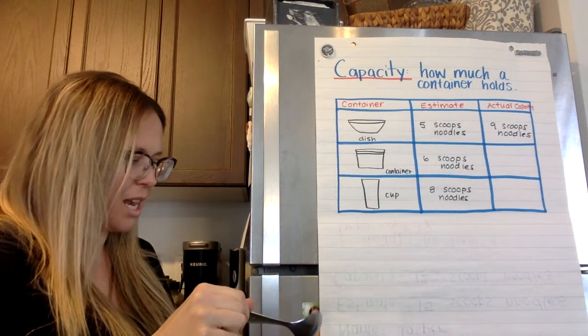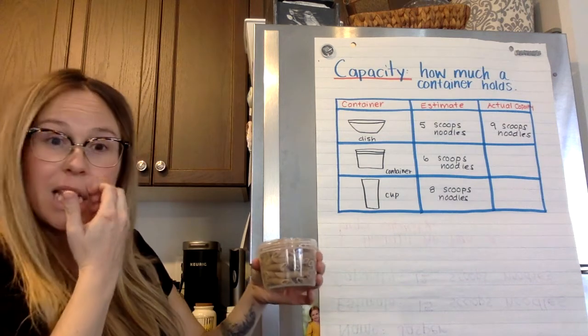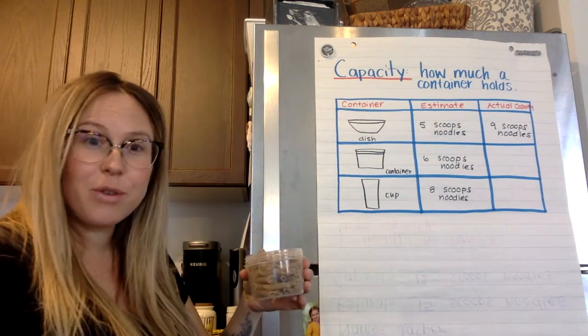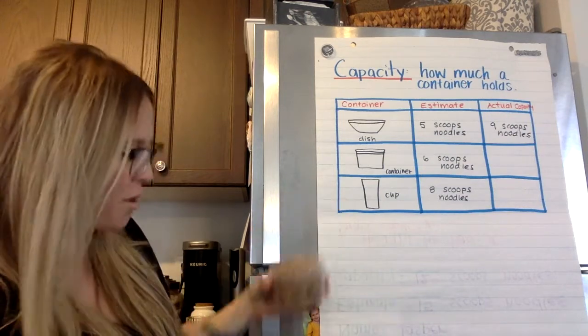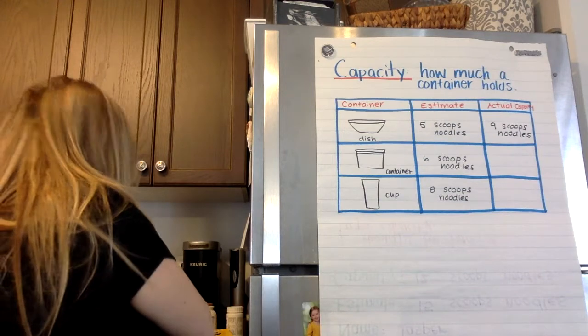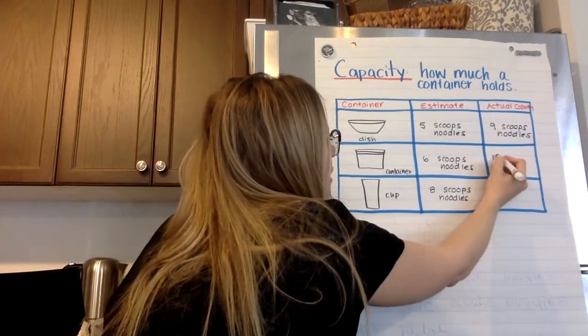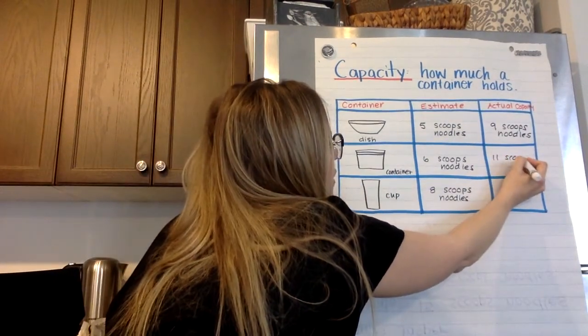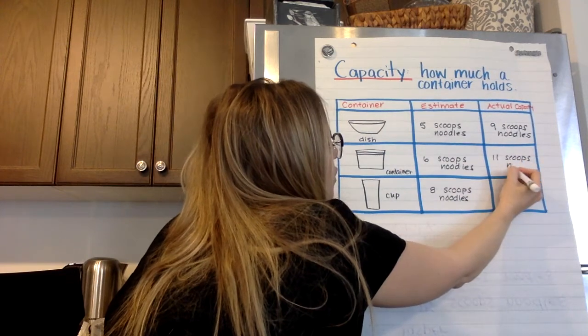Oh, maybe I can get 11. 11 scoops of noodles. So it did hold more than the dish. So I'm going to write down 11 scoops of noodles.